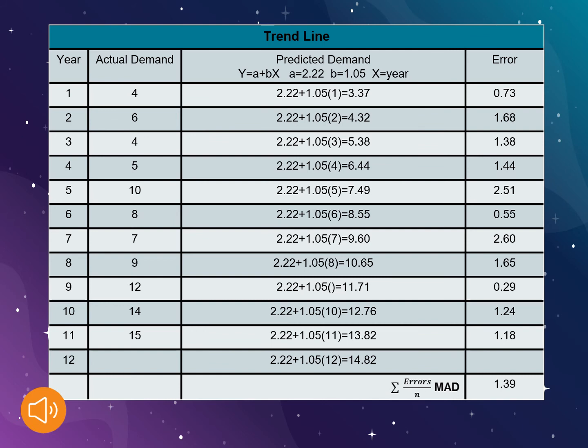Since the trend line has a MAD of 1.39, or 1,390, it's obviously way lesser than the two previous methods. Therefore, for this question, the best method to be used would be the trend line forecast.